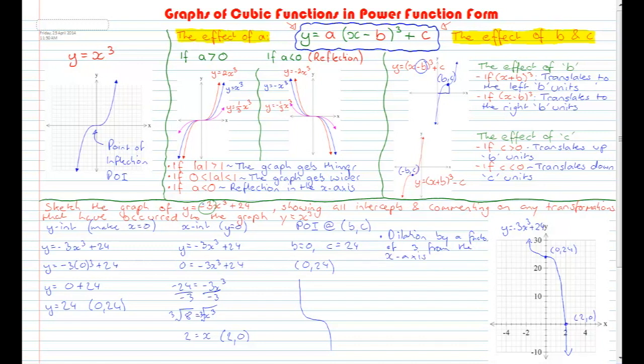The fact that our A value is negative means that it has been reflected in the x-axis, and the fact that we have a C value of 24 means that it has been translated 24 units up. And that there is how you sketch the graph of y equals negative 3x cubed plus 24, commenting on any transformations that have occurred.